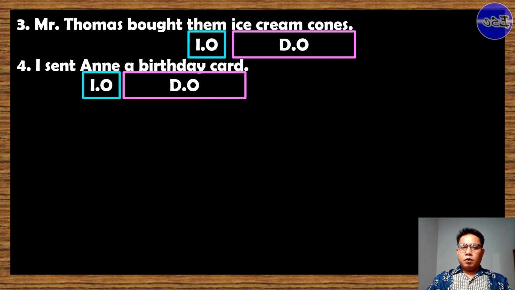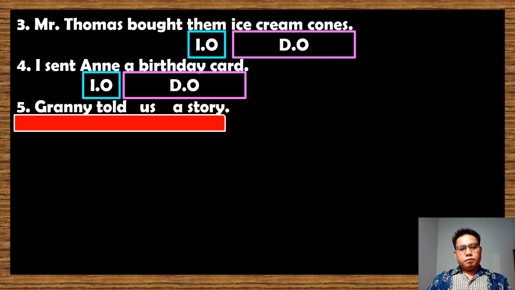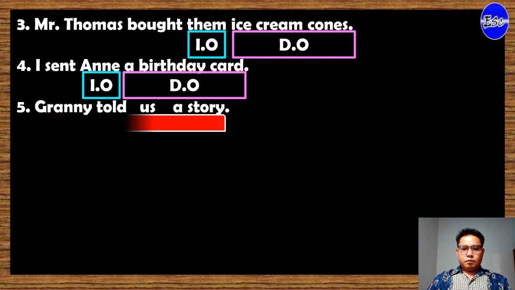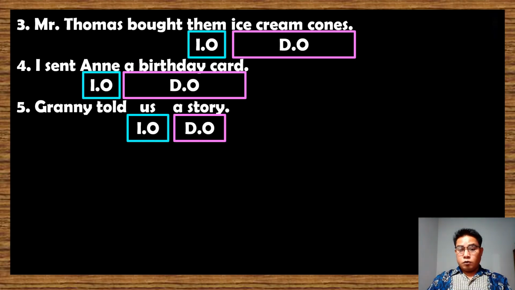Okay, so a birthday card is the direct object and Anna is the indirect object. 5. Granny taught us a story. Okay, so Granny taught what? A story. So a story is the direct object. To whom? To us. So us is the indirect object.